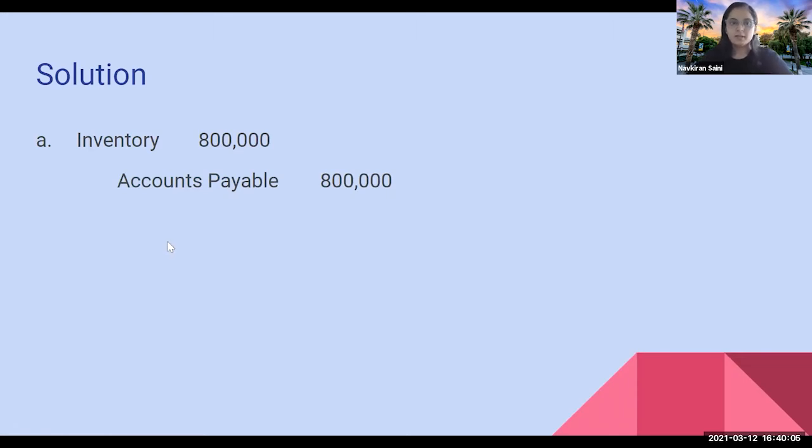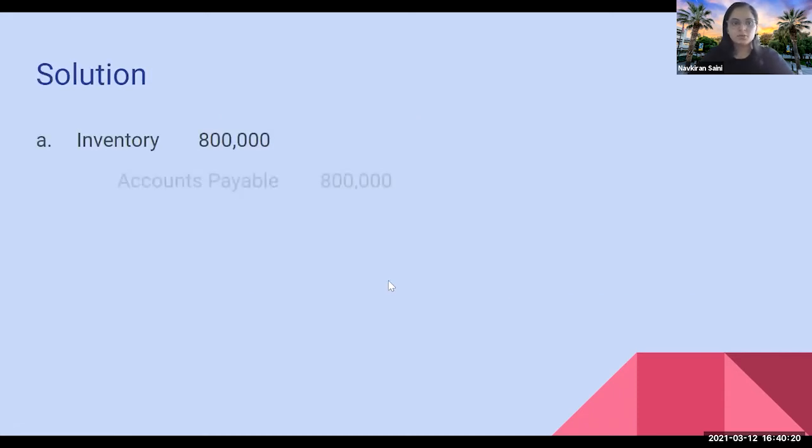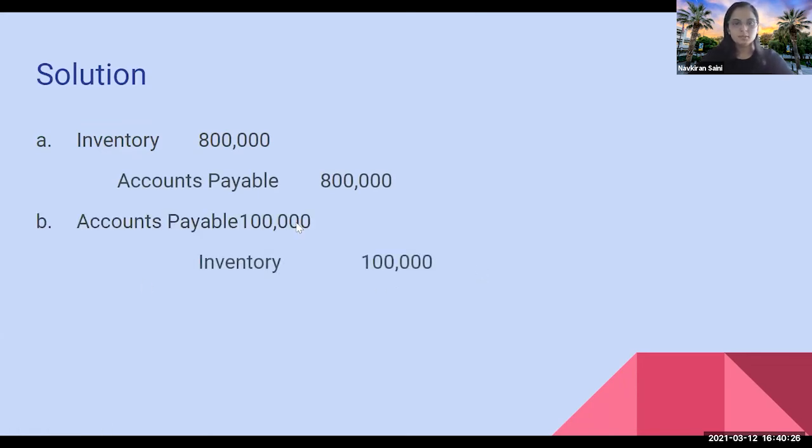And in the next journal entry, we returned goods worth 100,000 on March 6th. The ones that we purchased on March 2nd, we returned them on March 6th. So when we return the goods, our inventory will go down. That is going to be the credit to inventory, which is an asset.